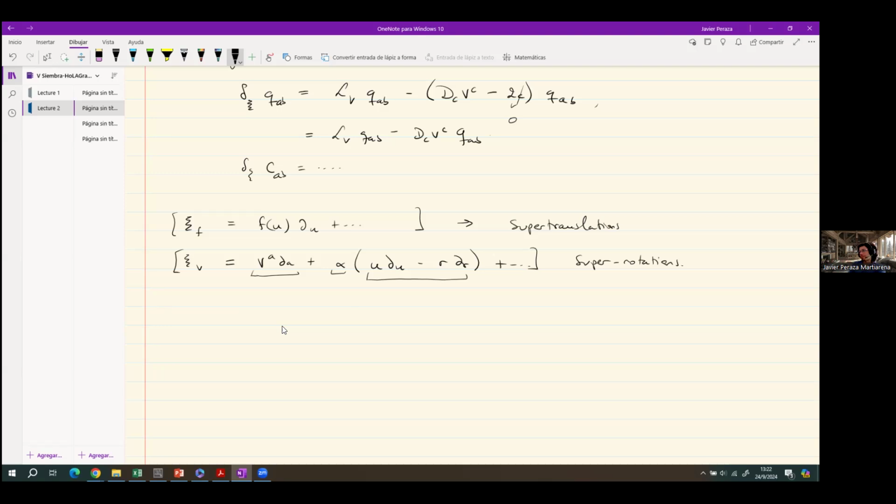So the Lorentz algebra is contained in the BMS algebra, and we can say here like this. We have the isometries of Minkowski space 3,1. This is equal to Lorentz semi-direct product with the translations.